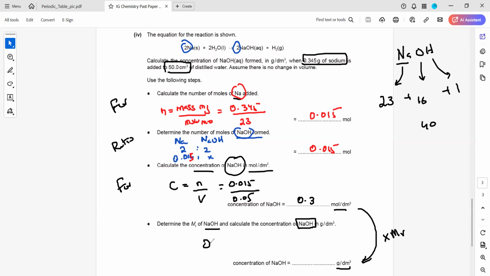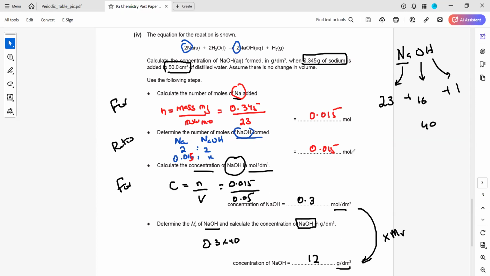So 0.3 multiplied by 40 gives 12 grams per dm cube.